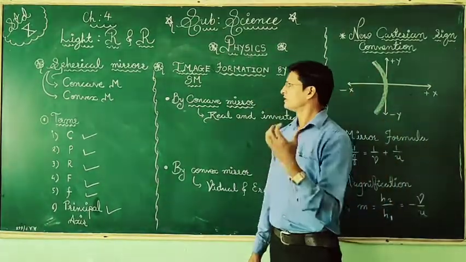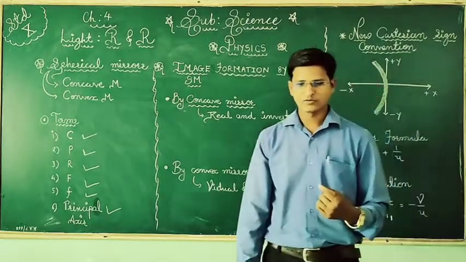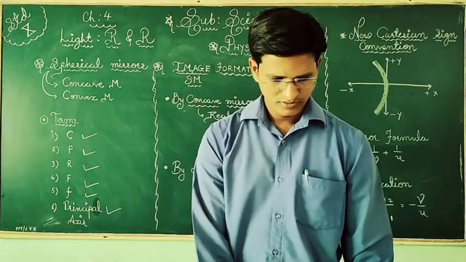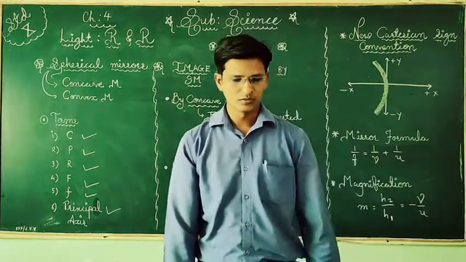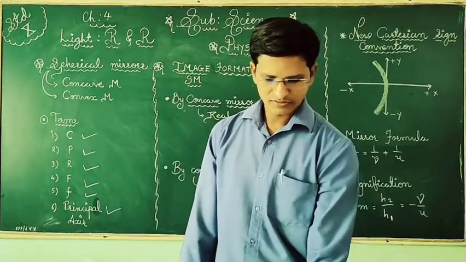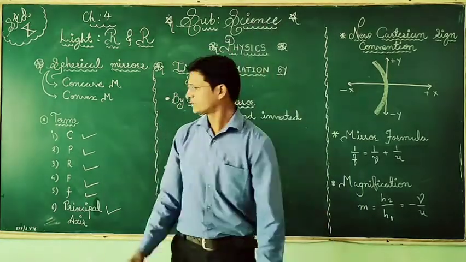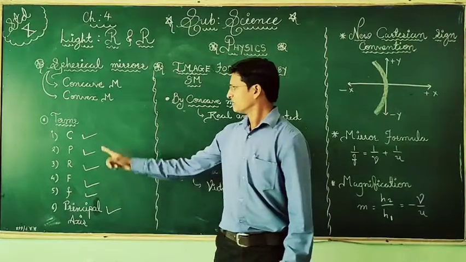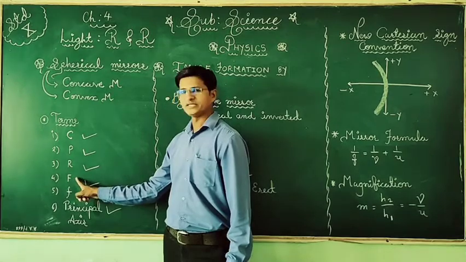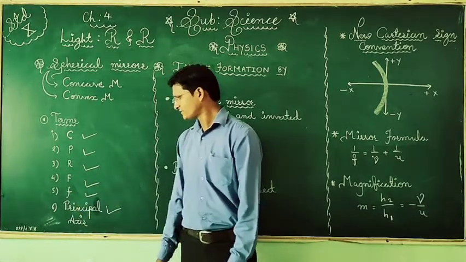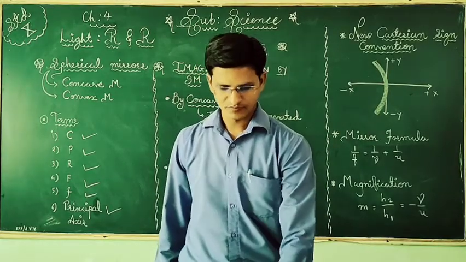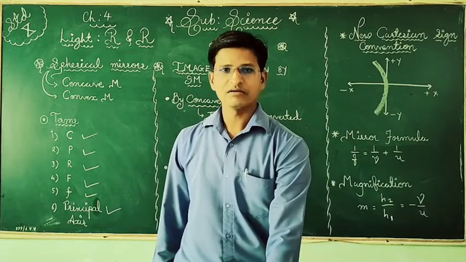And I want to go to another important topic. When you come to page number 218 in the textbook, that is image formation by spherical mirrors. So all students, I request you to write the definitions of center of curvature, pole, radius, principal focus, focal length and principal axis, with concave mirror and convex mirror diagrams.